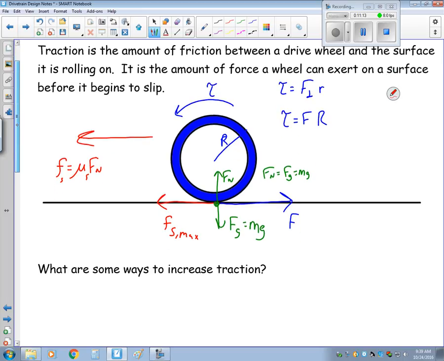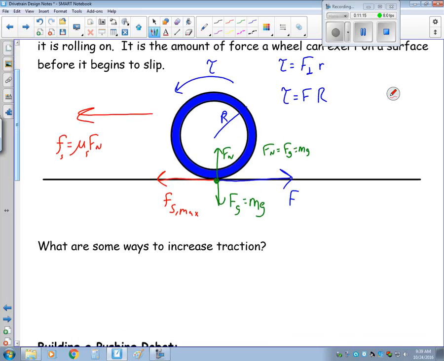Now, we have two forces at the bottom of the wheel that are kind of important. This static friction and this force being applied. Now, if this force that we're applying to this wheel is greater than the maximum static friction, we get slippage. So in other words, the wheel will do a burnout, if you want to say.